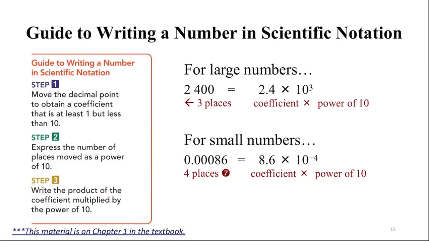Specifically, when we have a large number, we need to write, if it's not there, the decimal place that is implied. For the value that we have here, our implied decimal place is going to be after the last zero.